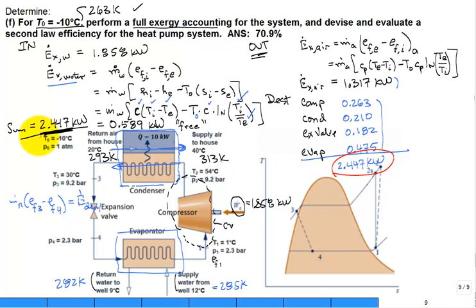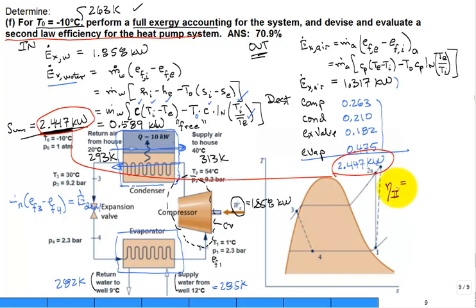This needs to match the sum of the ins. All right, so that's the full exergy accounting, and now we have to devise and evaluate a second law efficiency for the heat pump system. So what you say is my second law efficiency, sometimes I write it as eta with a Roman numeral II.